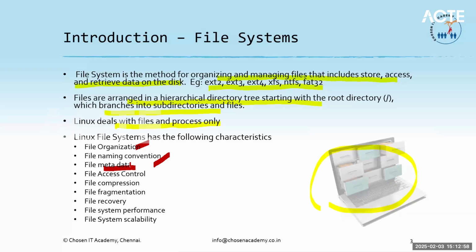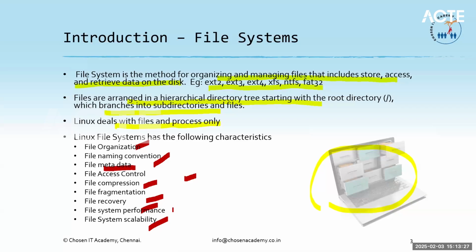All of that is the logical data structure, hidden within the file system. It is also responsible for access control. And we have file compression, file fragmentation, file recovery, file system performance, and file system scalability. All of these are jobs done by the file system in the background. So, just given that list.